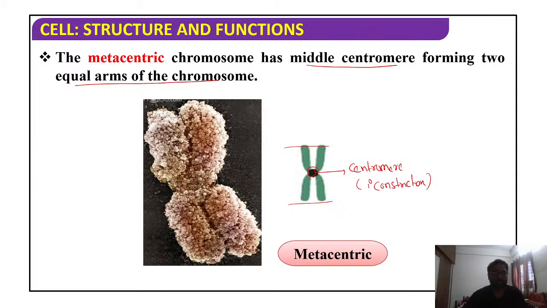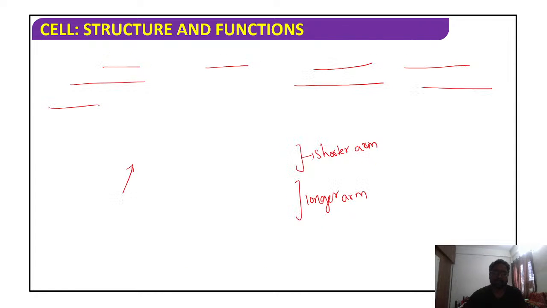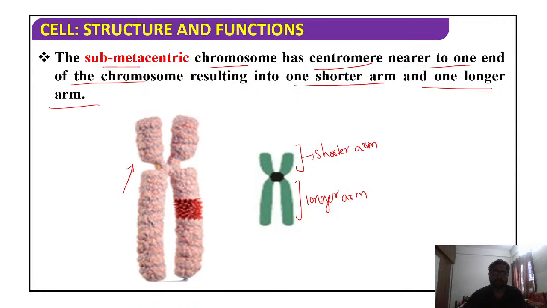Yes, arms are equal. But here, please check, there is a shorter and a longer arm. So what is the black colored structure? It is the centromere.